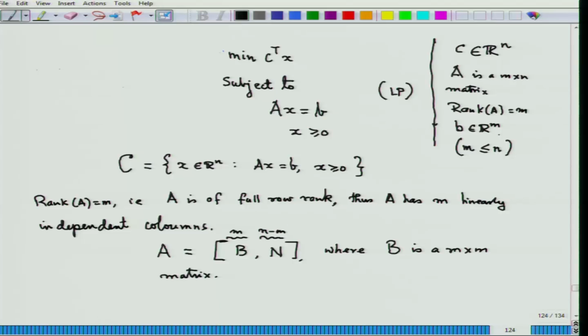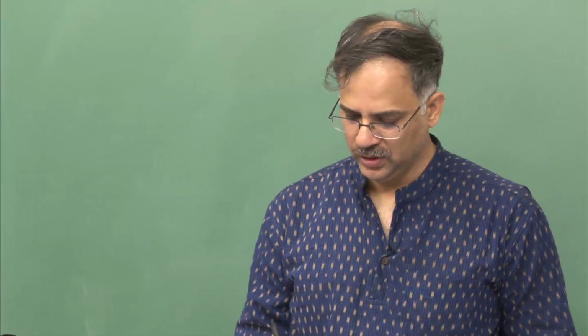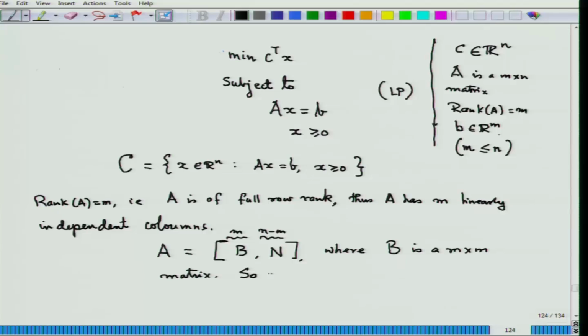The first m columns of A are linearly independent, and taking those columns, I form a matrix B. So, B is an m cross m matrix, and I have partitioned the columns. This m cross m matrix B is invertible because it has m linearly independent rows and m linearly independent columns. So, B is invertible.